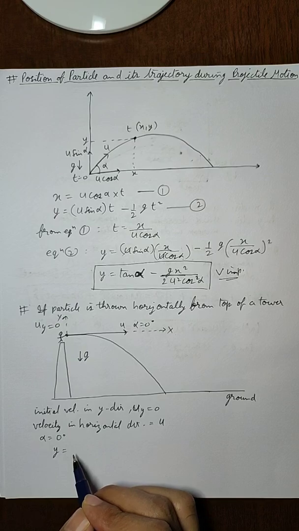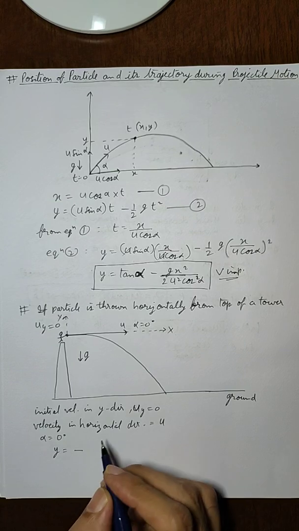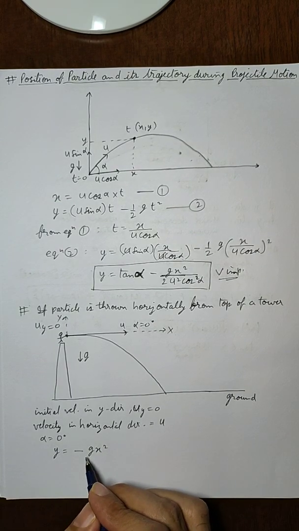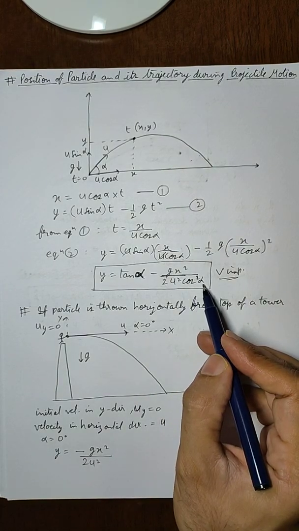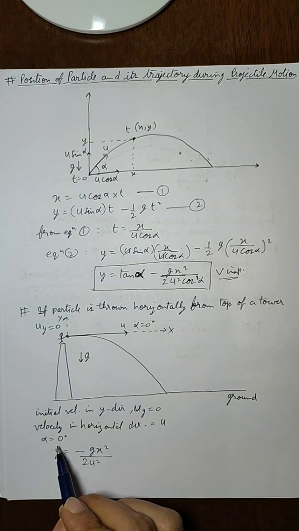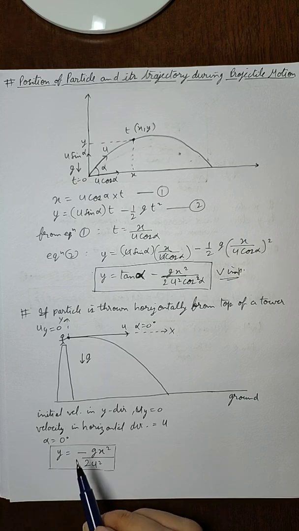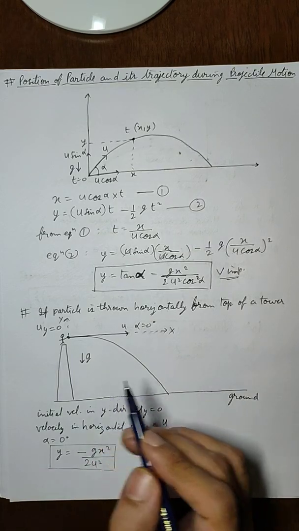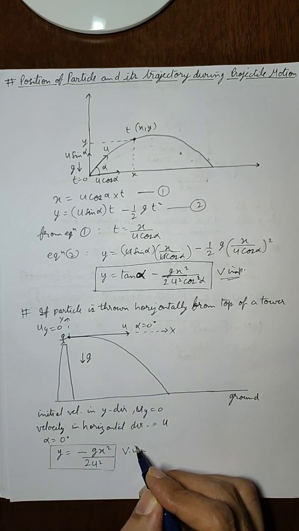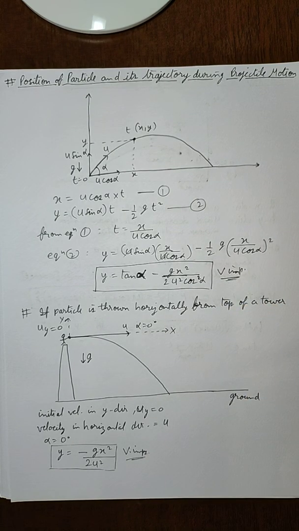So tan 0 is 0, so the first term will vanish and we will have minus g x square upon 2 u square, and cos 0 degree is 1, so that will vanish as well, and this will be our equation of trajectory for a projectile thrown in the horizontal direction. So it is a peculiar case, it is directly applied for many numericals, so this also becomes very important. If you remember these two trajectory equations, you can find the position of the particle throughout the journey in the projectile motion.